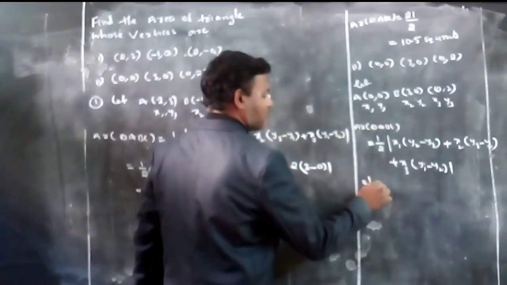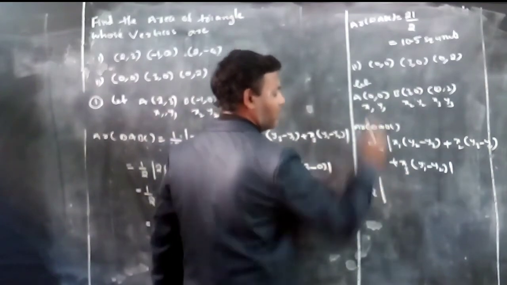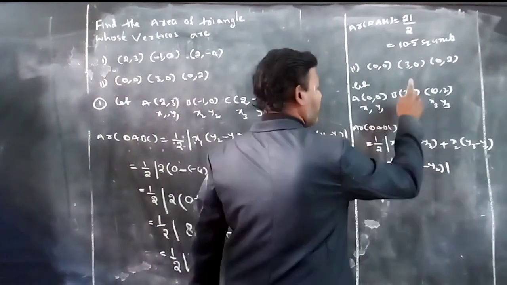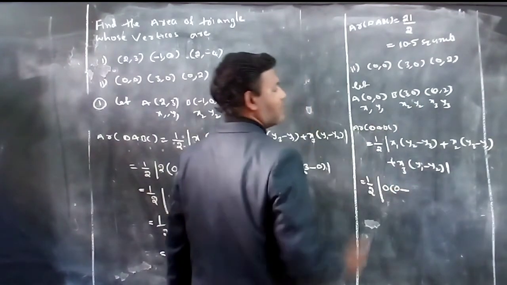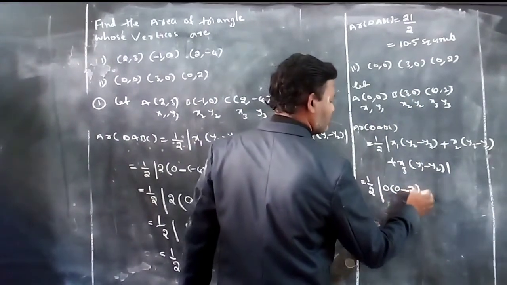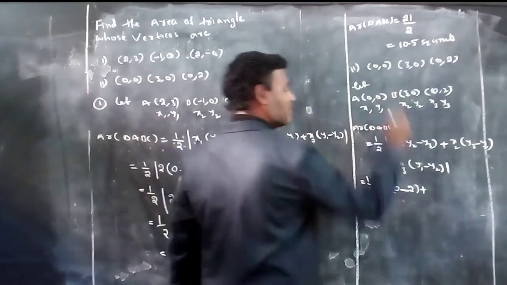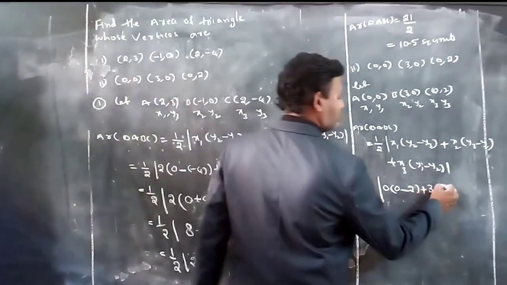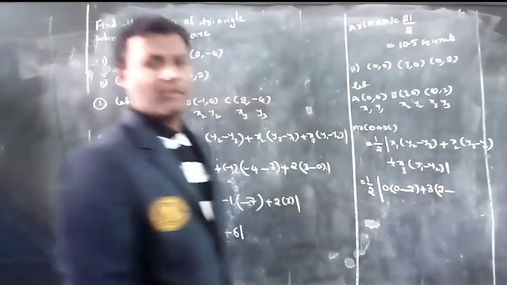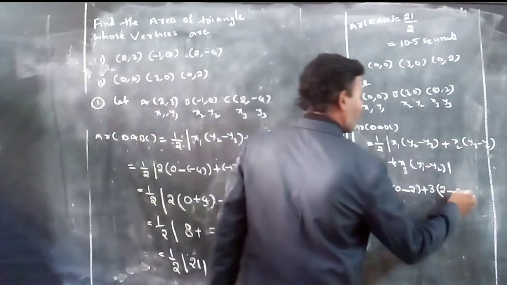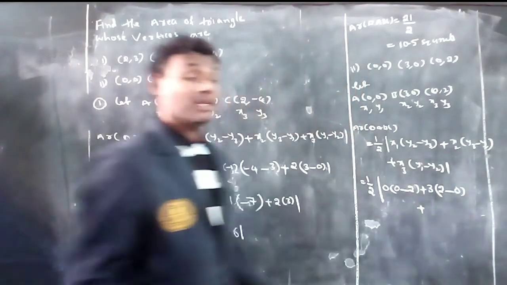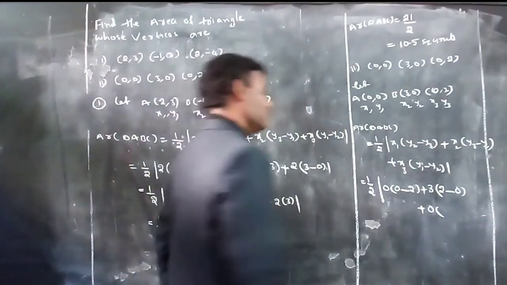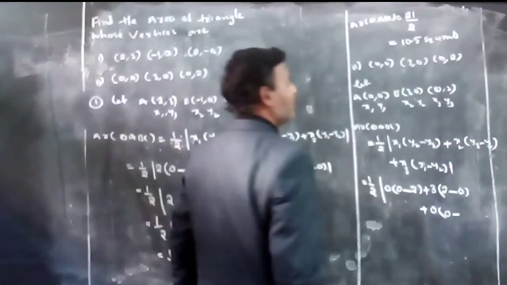Now apply the values. 1 by 2 mod, x1 means 0, y2 means 0 minus y3 means 2, plus x2 means 3, y3 means 2 minus y1 means 0, plus x3 means 0, y1 means 0 minus y2 means 0.